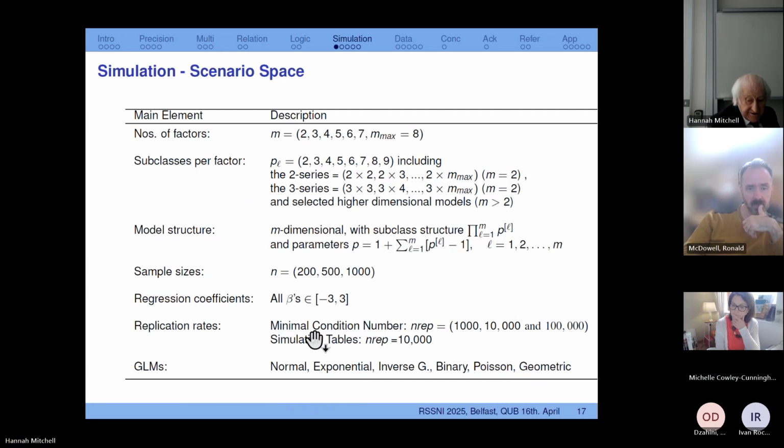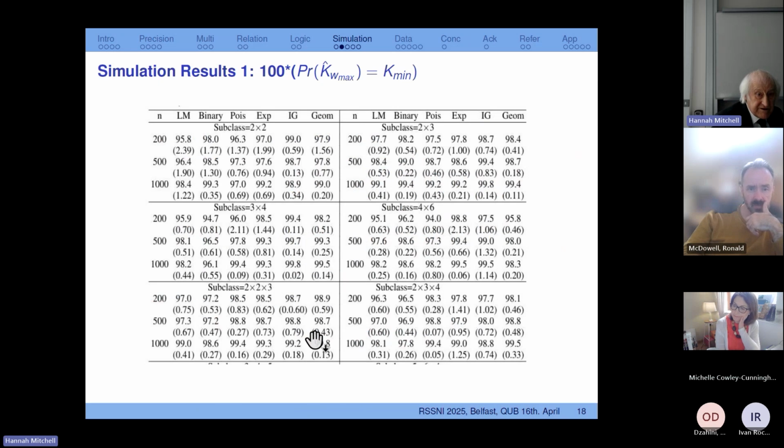Okay. So that's the first thing in terms of results. Can you see those clearly? Good. So what's in the table? Firstly, the structure of the table. Sample size, 200, 500, 1,000.